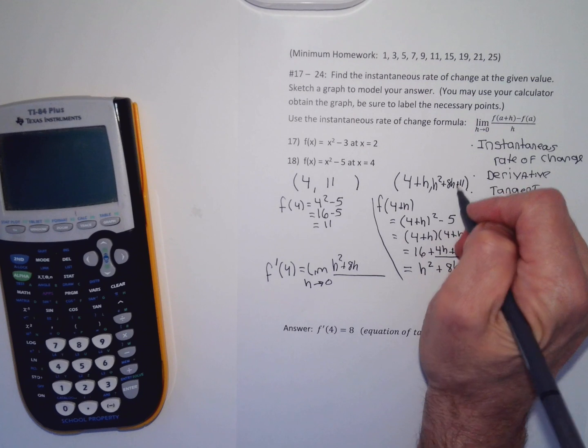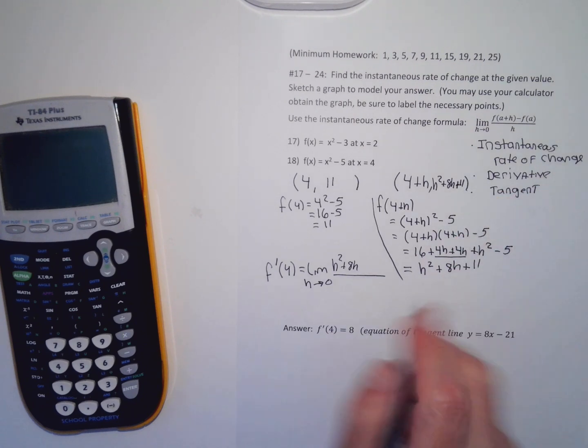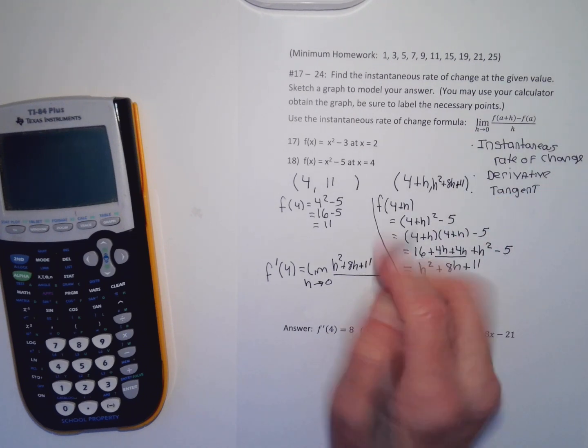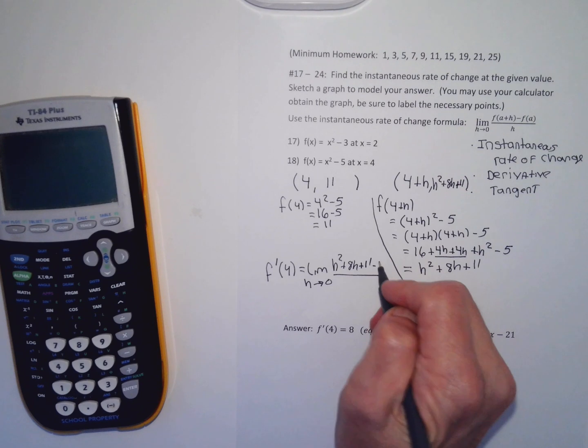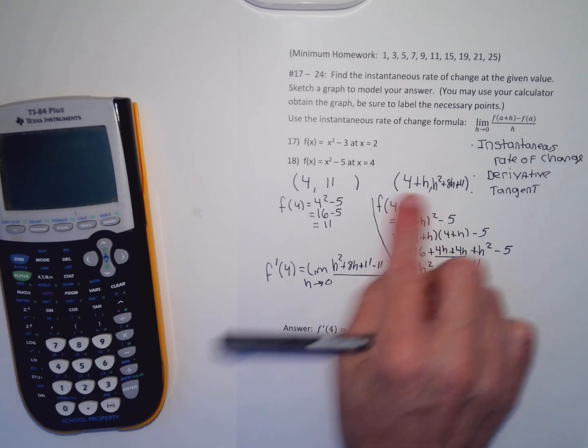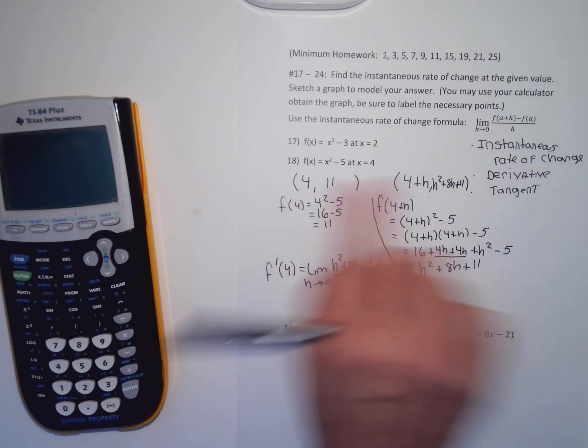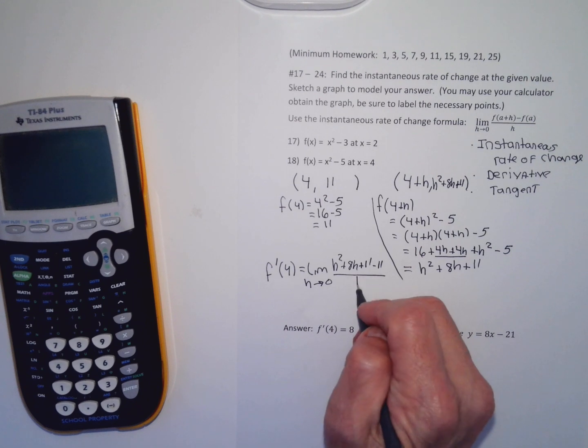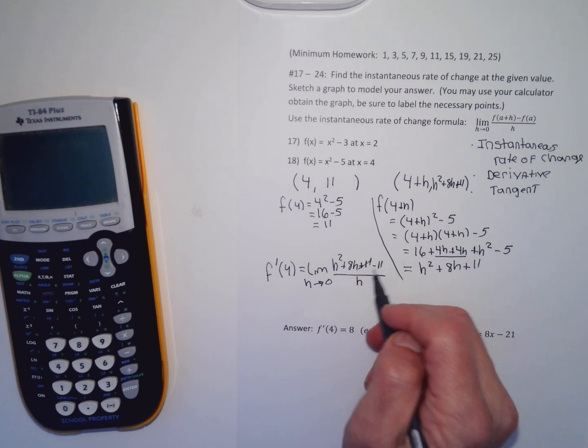Here I wrote minus, but I needed to write plus 11. Minus that y, which is 11. And then instead of writing 4 plus h minus 4 and canceling out the 4's, I'm just going to write h in the denominator. The 11's cancel.